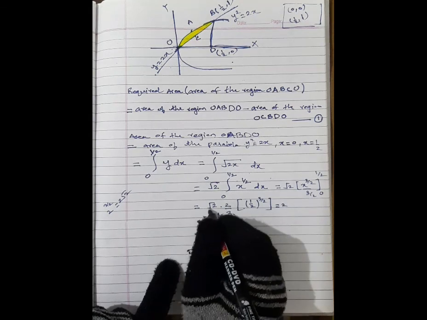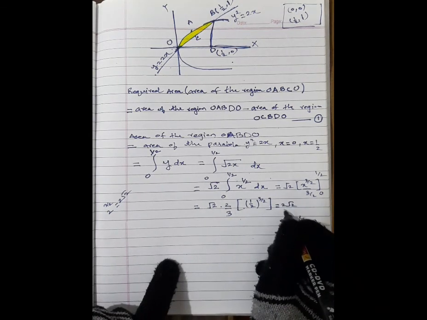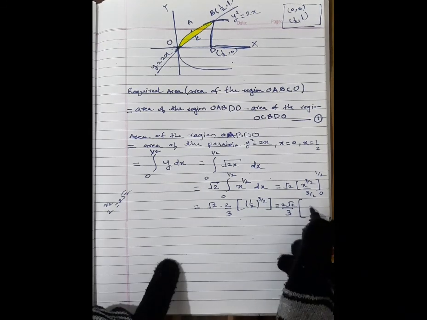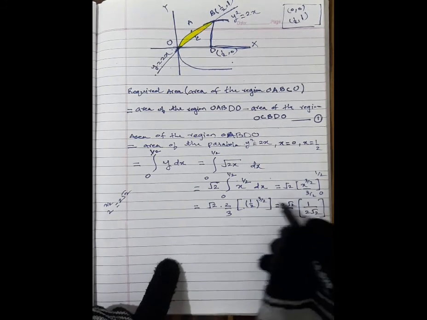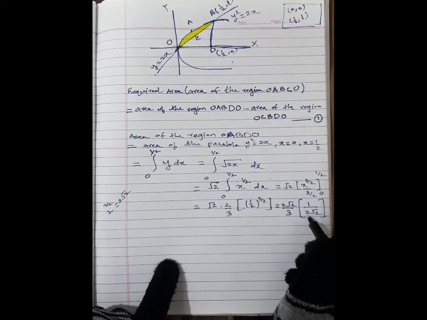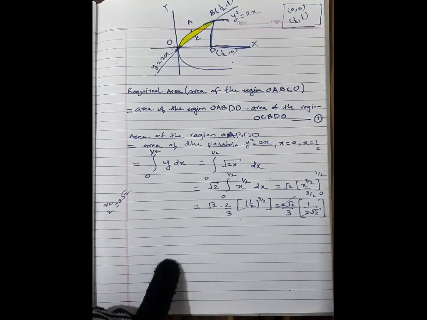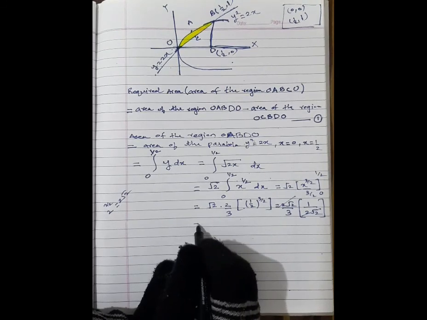So we'll write this as 2 root 2 upon 3 into, what is in bracket, 1 upon 2 root 2. Yes, 1 upon 2 root 2. 1 raised to 3 by 2 is 1. 2 raised to 3 by 2 is 2 root 2. So here students, 2 root 2 and 2 root 2 get cancelled. So what is remaining?